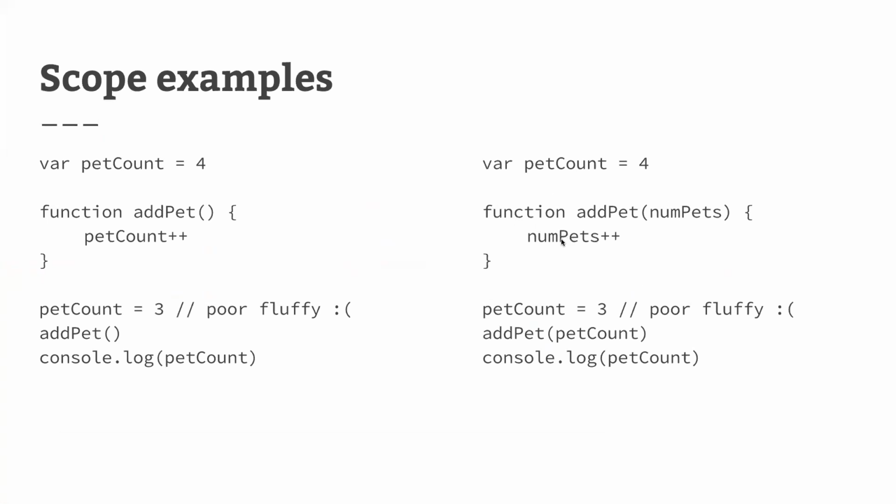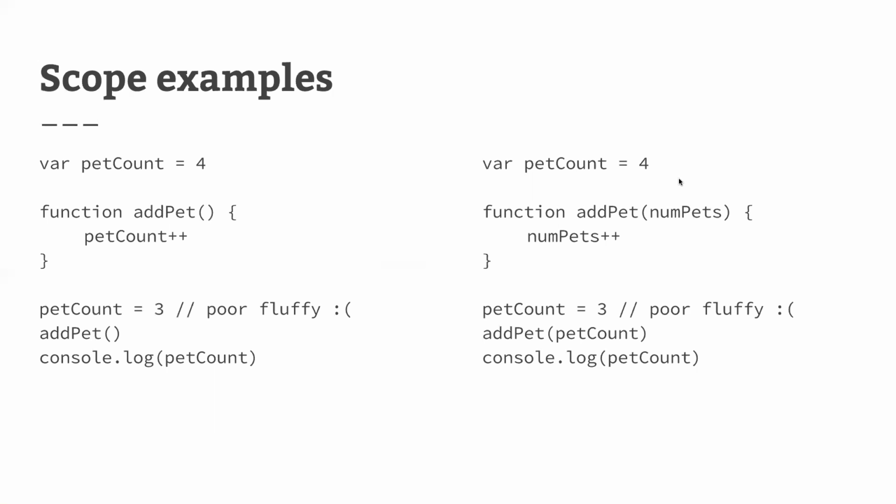So doesn't that mean that I'm actually changing petCount? No. I'm changing it sort of for the duration of this function, but it's not going to have any lasting effects. At this point, petCount is just a placeholder, and it's not going to be affected by the function.